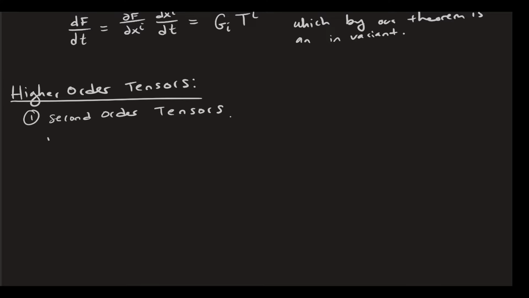All right, so definition. A matrix field. What does that mean? That just means a matrix of functions, kind of like a vector field was just a vector of functions.